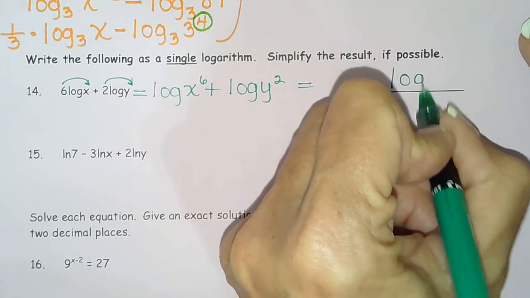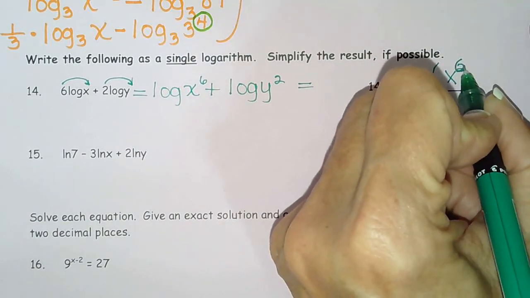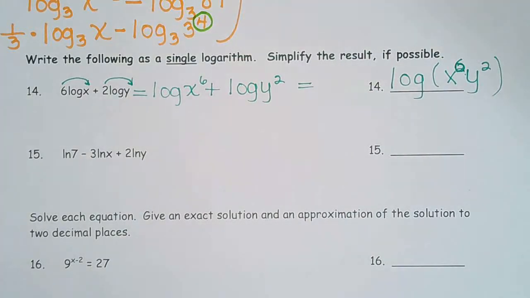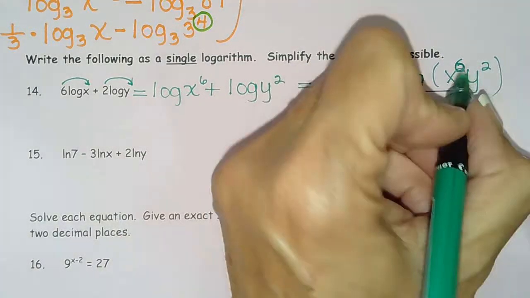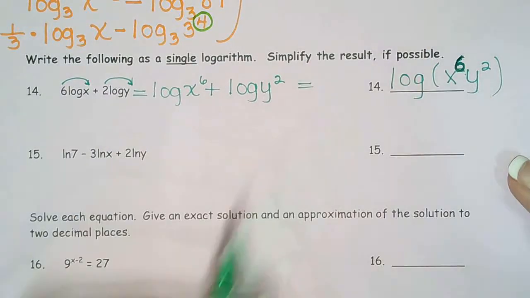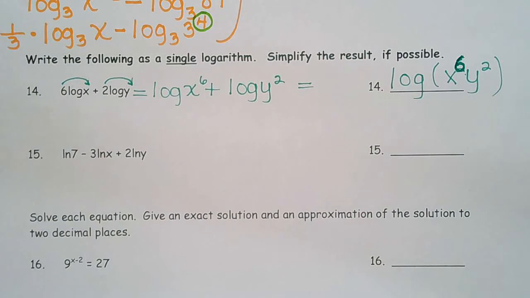So this would be log of x to the 6th, whoops, y to the 2nd. That's a 6, sorry about that. Sometimes my brain moves faster than my hand, and I was already writing y's exponent. Okay, so addition goes backwards into multiplication.